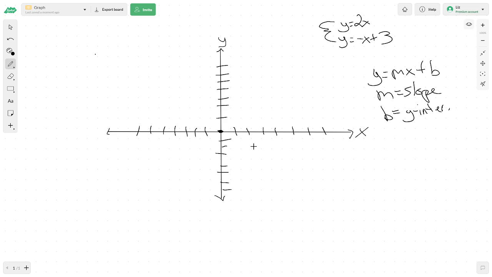So I'm going to go up 2 over 1. So it's going to be right there. Go ahead and plot that line there. It's going to look something along those lines.